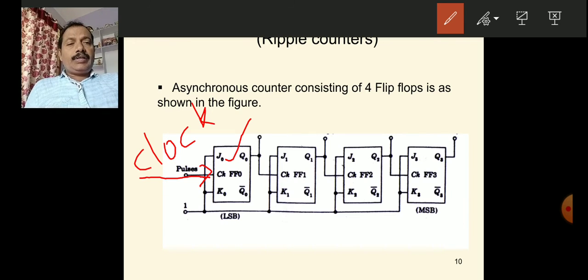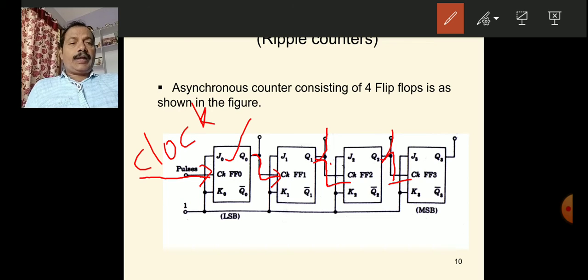For example, Q0 is the output of FF0. This Q0 is applied as a clock input to the next FF1. Similarly, Q1 is the output of FF1, and this same Q1 is applied as clock input to FF2. Similarly, the Q2 output, FF2 output, is connected as a clock input to FF3, like this.